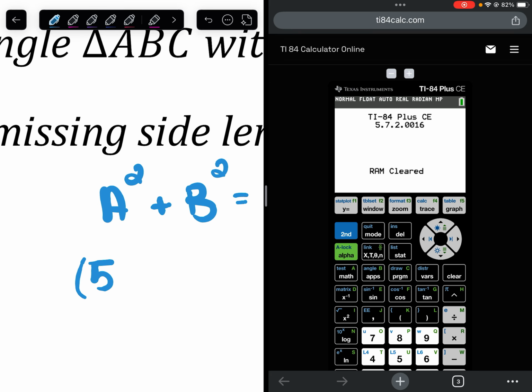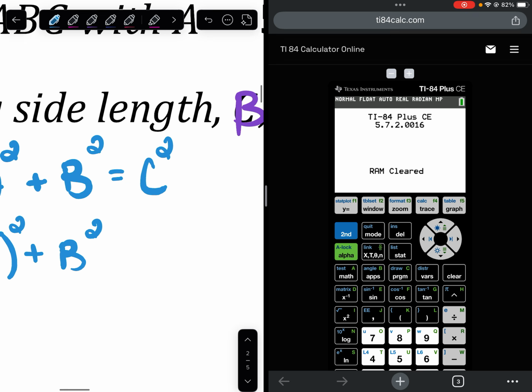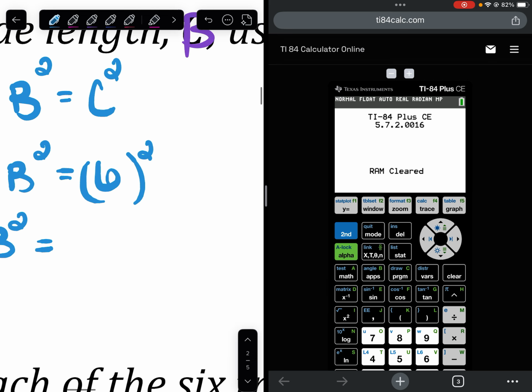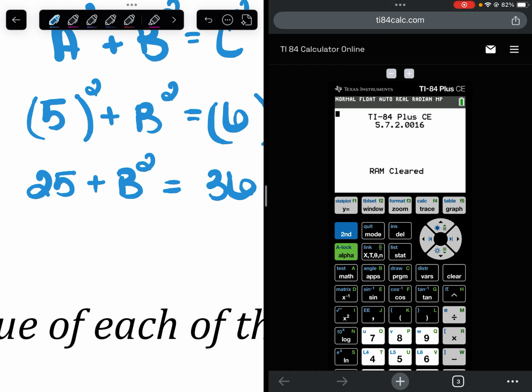So 5 squared plus B squared. If you don't like B, you could change the letter to like X if you're more comfortable. Equals C, which is 6 squared. So that gives us 25 plus B squared equals 36. We move the 25 over by subtracting. So we get B squared equals 36 minus 25, which is 11.